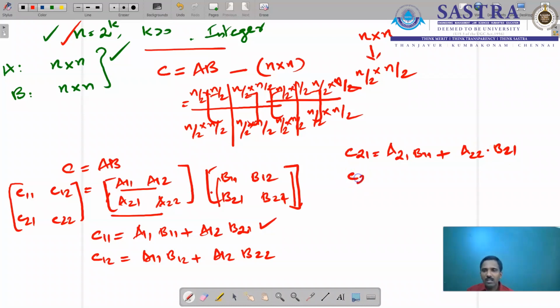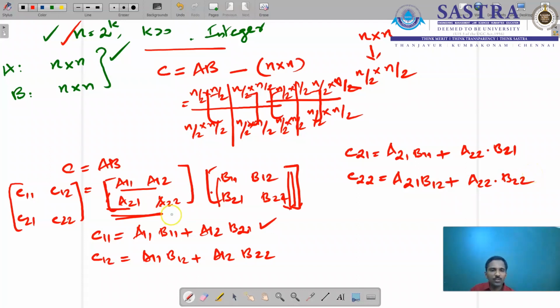Then C22 is obtained by taking the second row, second column. So clearly C22 is A21 into B12 plus A22 into B22.